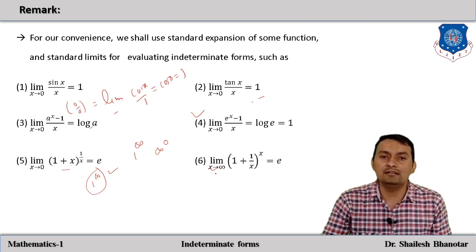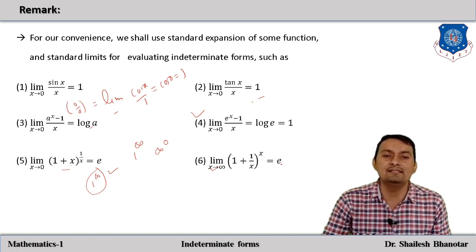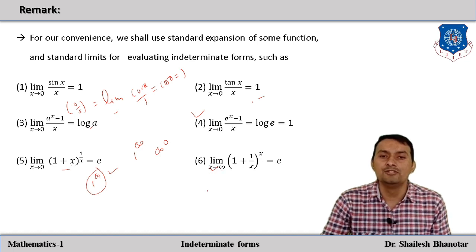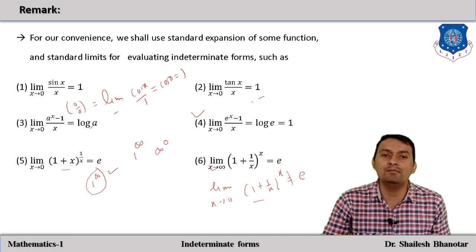Another form, the limit as x tends to infinity of (1 plus 1 by x) raised to x. In that case the answer is e, but the limit should be x tends to infinity. Lots of students make a mistake like the limit as x tends to 0 of (1 plus 1 by x) raised to x, and say the answer is e, but this is not e. Keep in mind that whenever we have the form (1 plus 1 by x) raised to x, 1 by x should tend to 0.